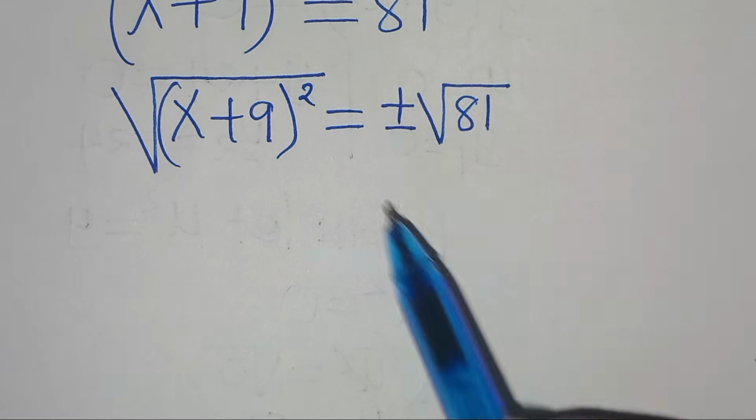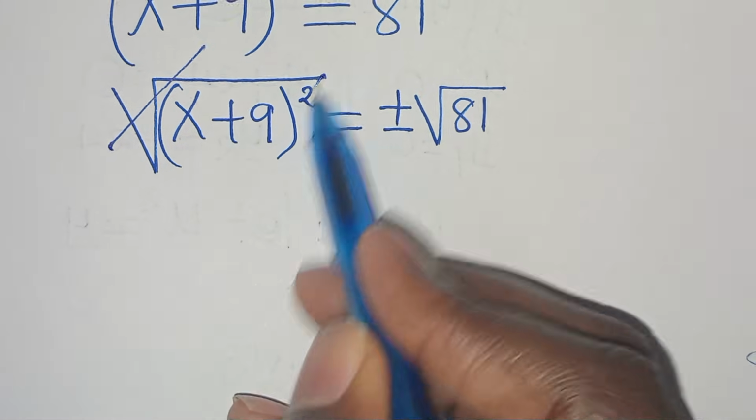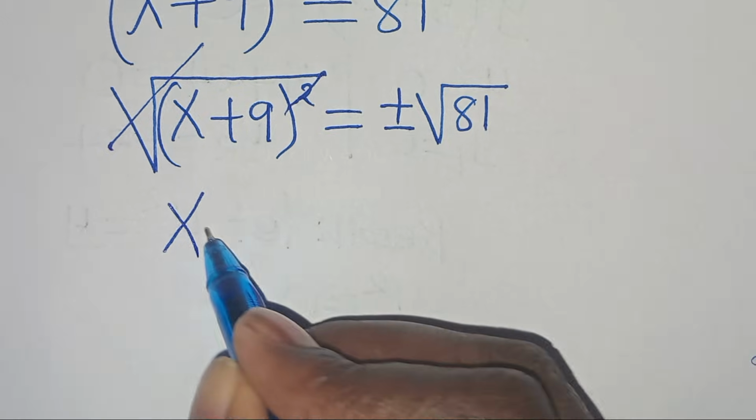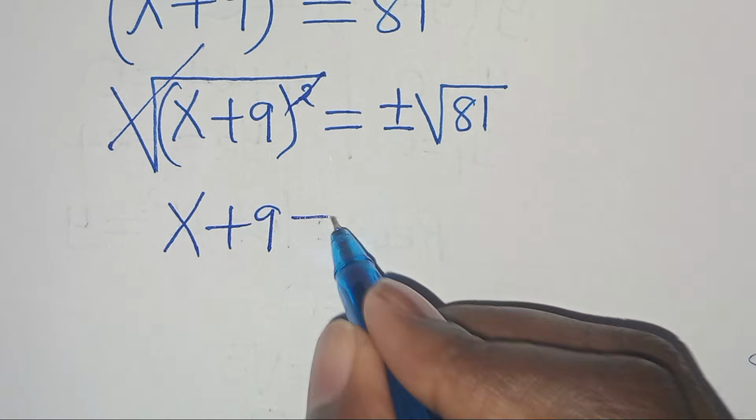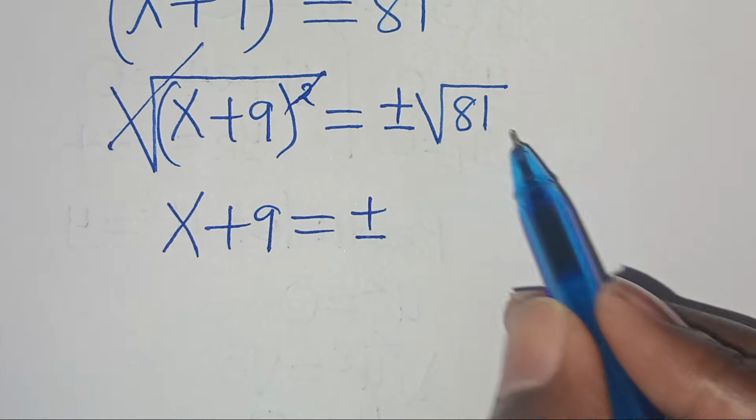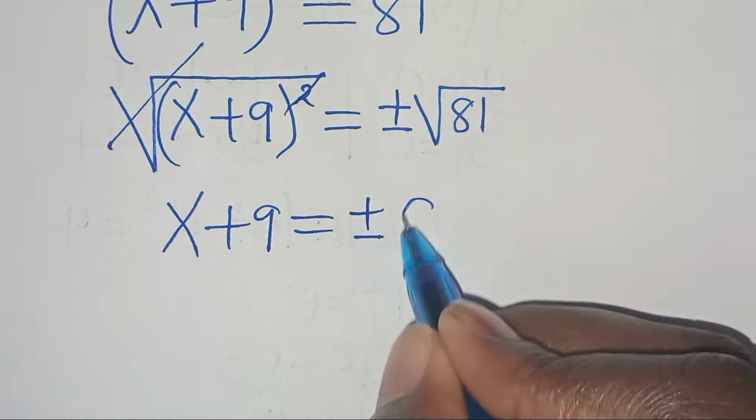So the square root sign is eliminated, and we have x + 9 equal to plus or minus the square root of 81, which is 9.